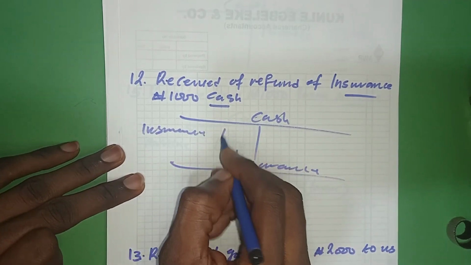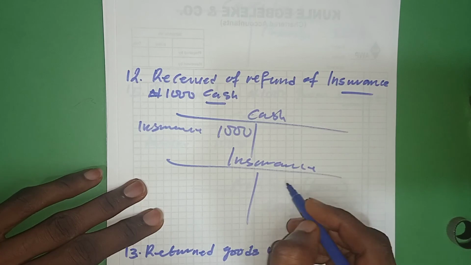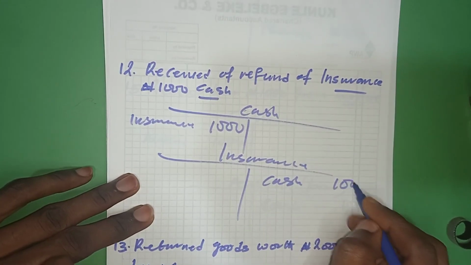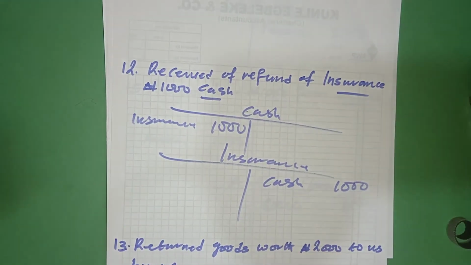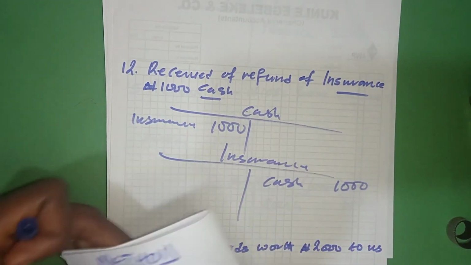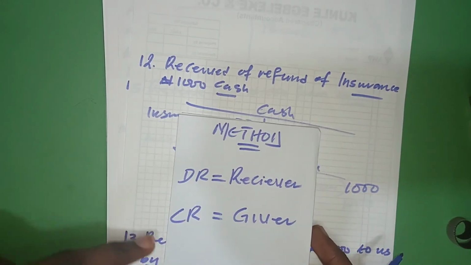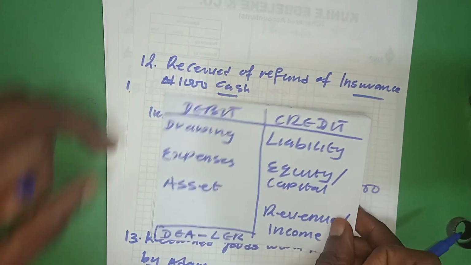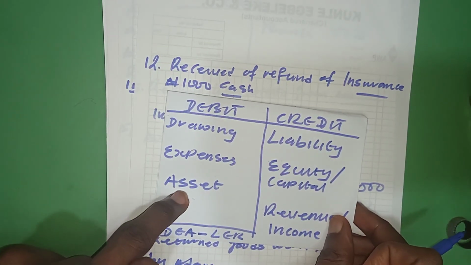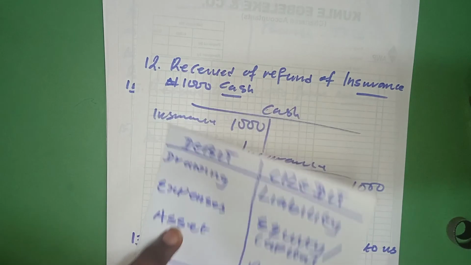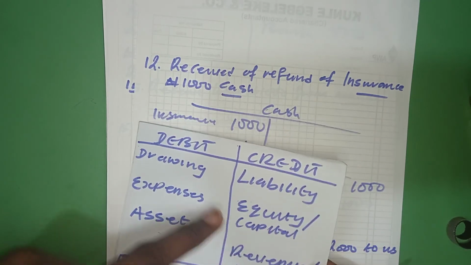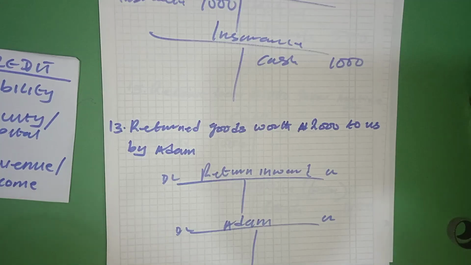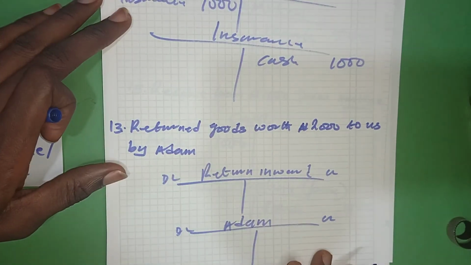We credit insurance by 1,000 naira in cash because they gave us the money in cash. Is that okay? We are receiving. You debit the receiver. Who is giving? Insurance is giving. We credit the insurance. Here, the asset is increasing by cash. We debit our cash and you credit the insurance. So that is that.